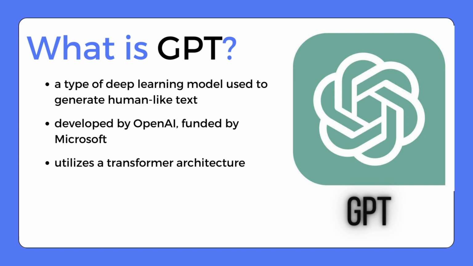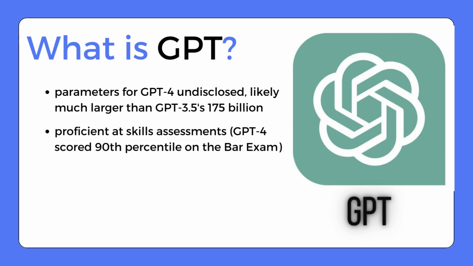GPT utilizes a transformer architecture, which is a type of neural network that is well suited for natural language processing tasks. The parameters for the latest version of GPT, which is GPT-4, are undisclosed, but it is likely much larger than GPT 3.5's 175 billion parameters.